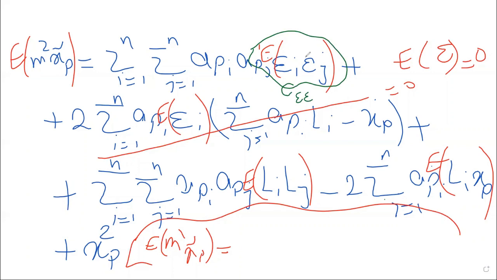So this one is the autocovariance matrix between L and L. And this one is the cross covariance matrix between X and L. So these are the definitions that we can use for the covariances between them.